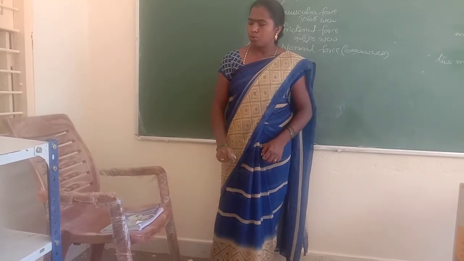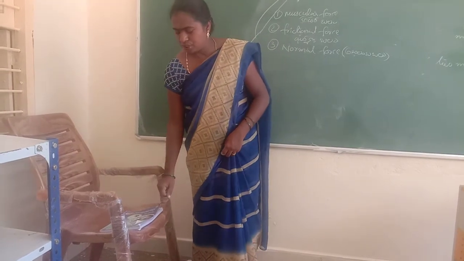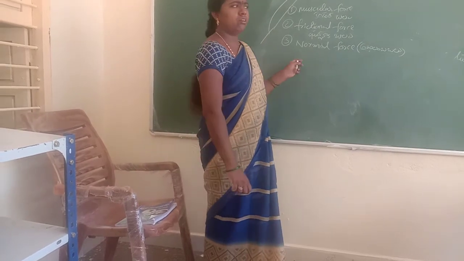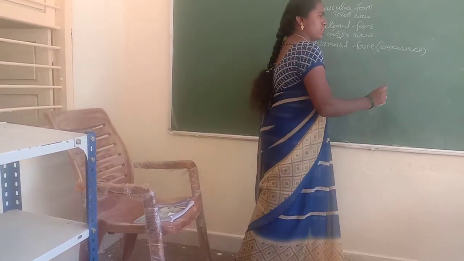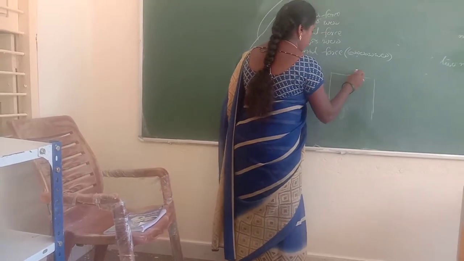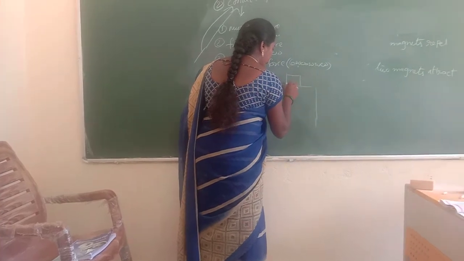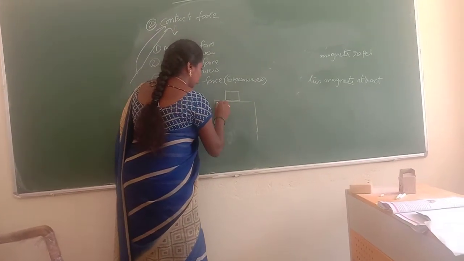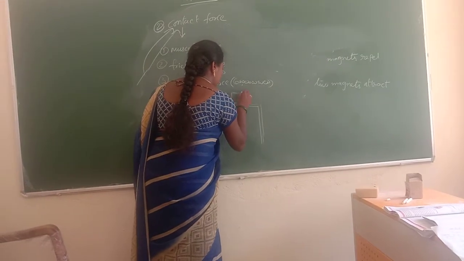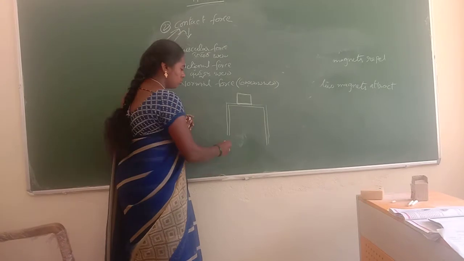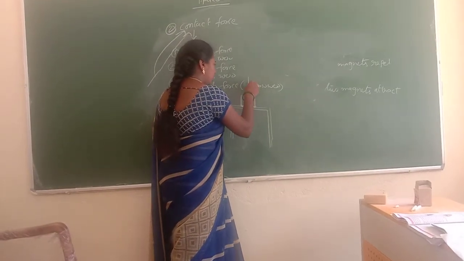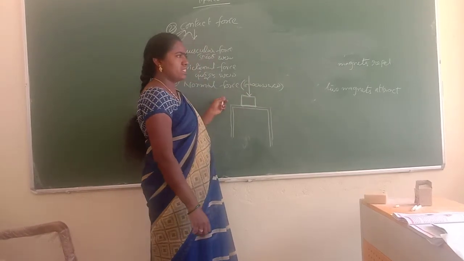Why? In this situation, two forces are acting on that body. So this is the bench or chair, and the book is put on it. In the downward direction, one force is acting on that body.